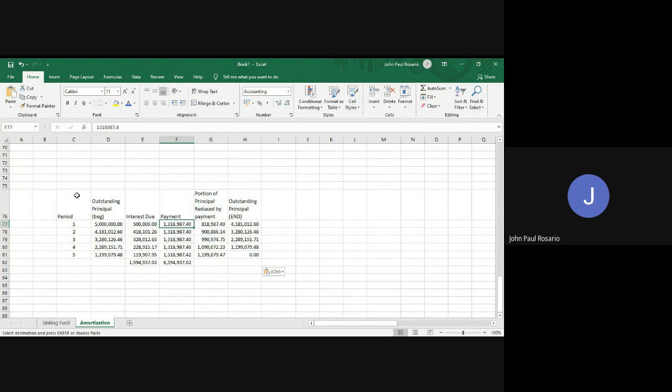your creditor says, pay me 1.5 million every year, and then for the last payment, it's less than that, so the last payment would be less than 1.5.